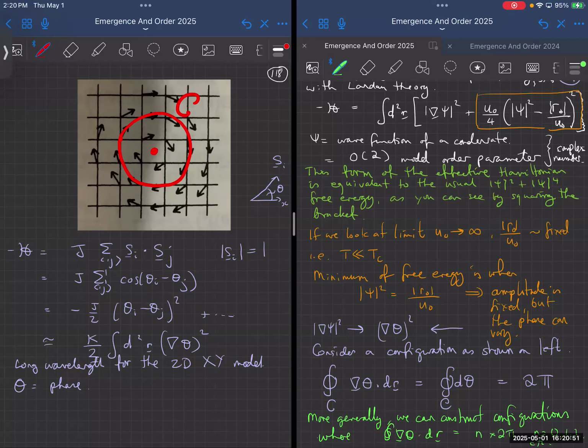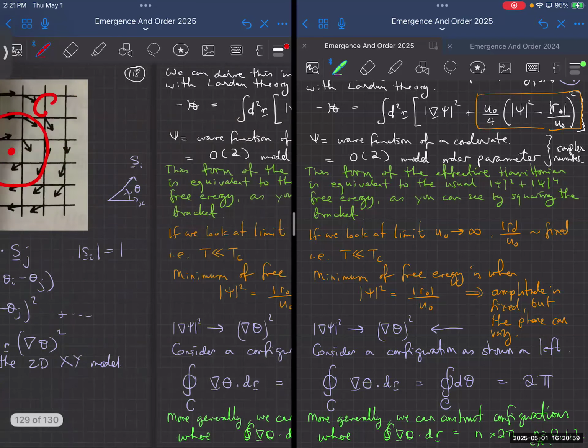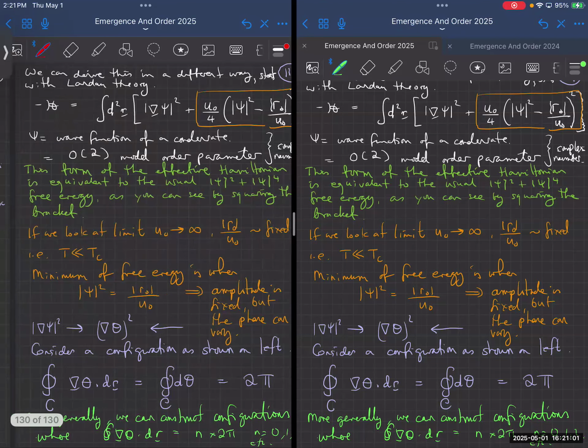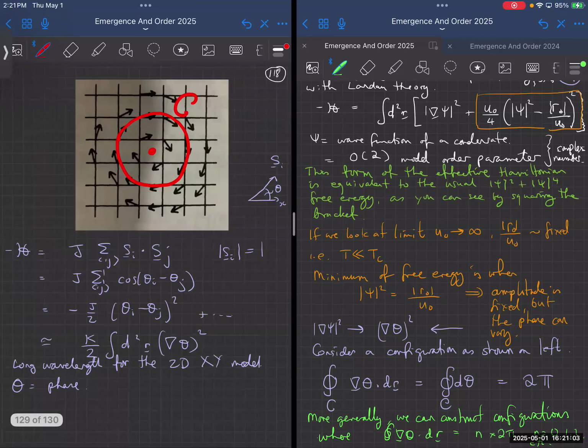It has to be an integer because the phase can't have a discontinuity. As I go around this curve, I have to get back to where I started, but the phase has to be continuous. I can't have a sudden jump in the phase, and so that constraint requires the phase to vary by a multiple of 2 pi.